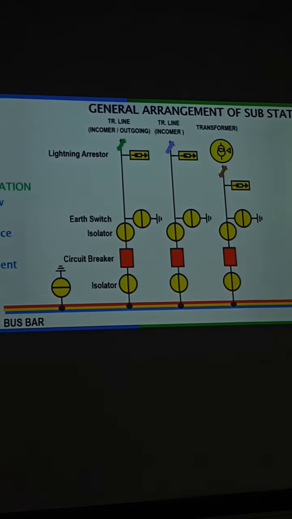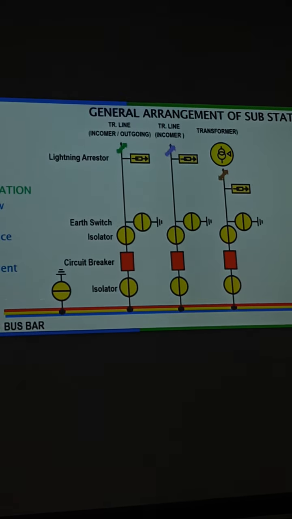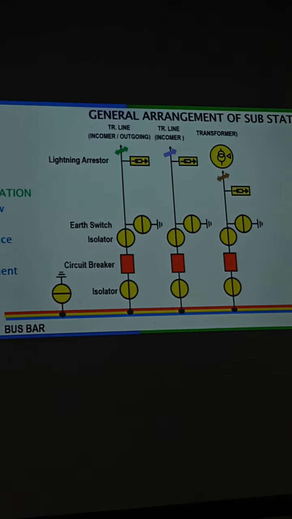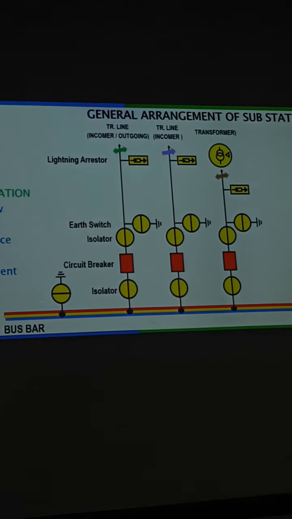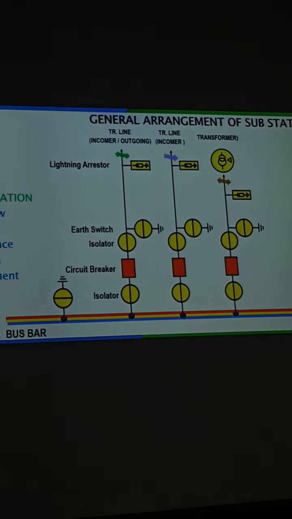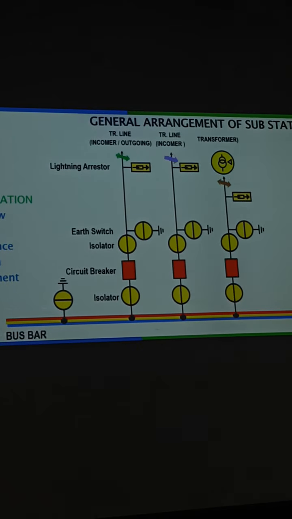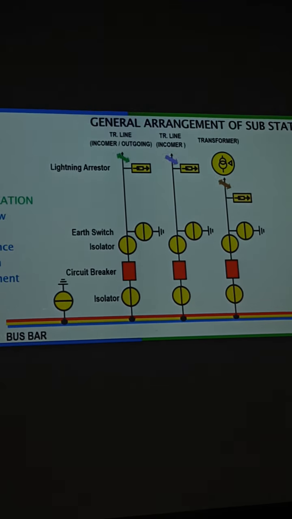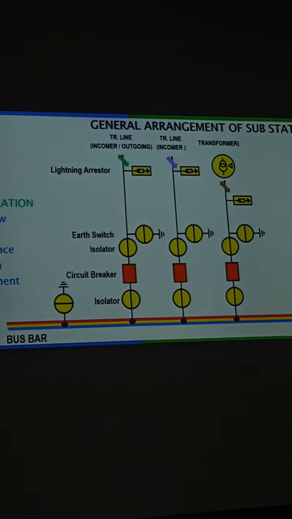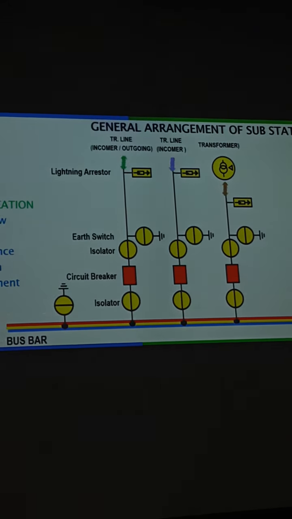The external enemies are lightning and all this. They travel along the transmission line, and once they enter inside the substation, they damage the entire winding, transformer, and equipment, causing failures. So at the entry point, you will put the lightning arresters, so that anything coming from outside is stopped. They are just like security. Where do you put the security?